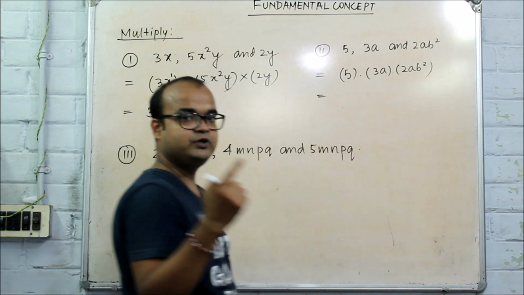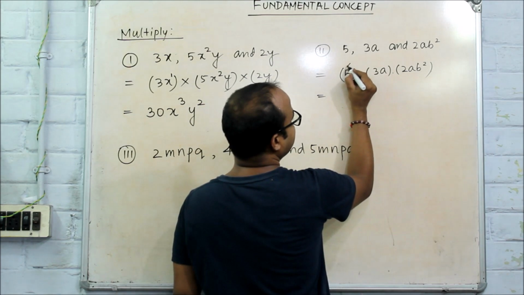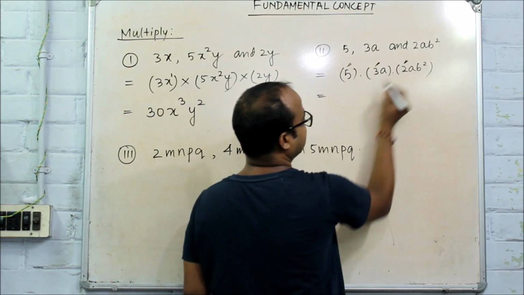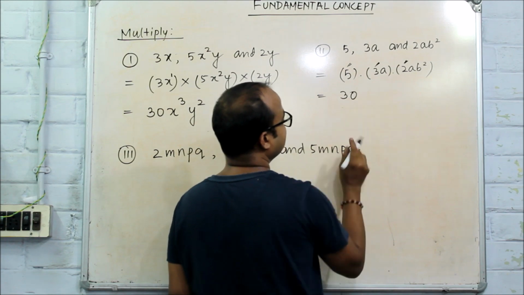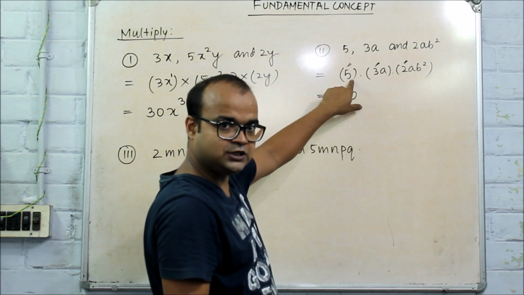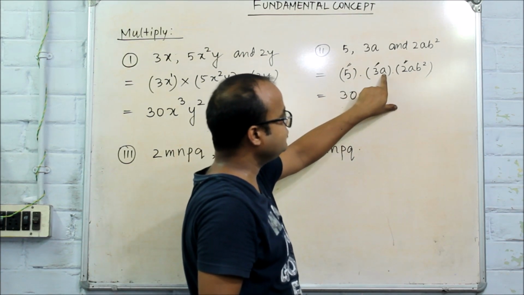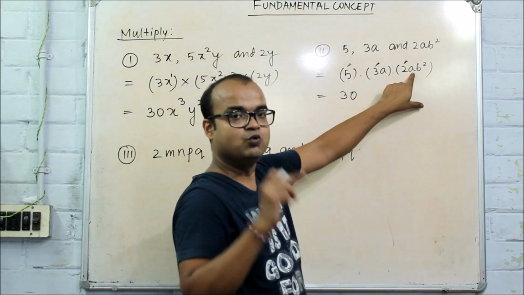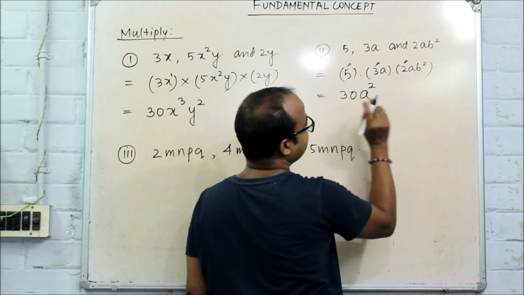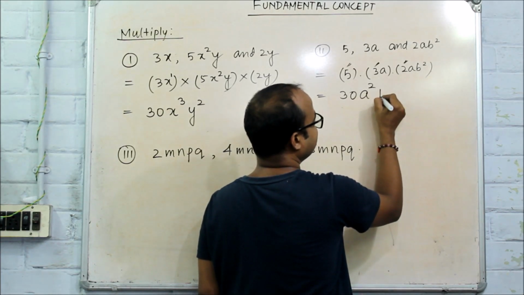So first step, we need to multiply the numerical coefficients. 5 into 3, 15, 15 into 2 is 30. So we write 30. Now literals, that means letters. Here a power is 1, here a power is 1, 1 plus 1, 2. So it will be a square. Here b term is absent, only b term present is b square. So we write b square.